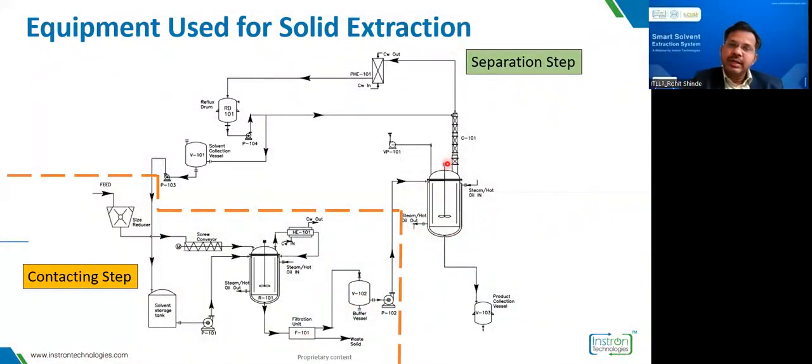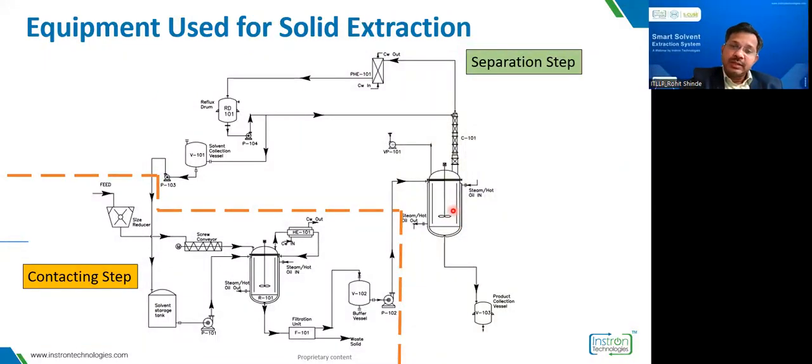Above the dotted line is the separation process. We have collected a separate liquid filtered from the filter, that is, solvent and desired component. This we separate using a distillation column here.